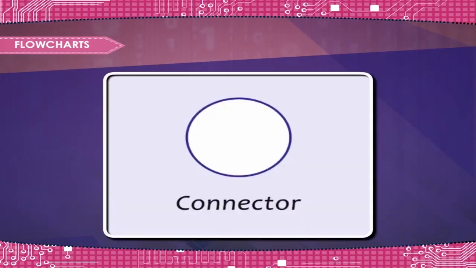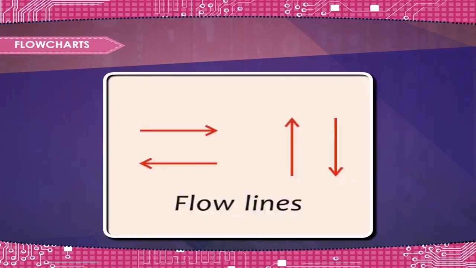Connector: it is the quality of a good flowchart that the flow lines do not move from bottom to top of the page. Thus, we use the connector at such points to show the flow of data and information. Flow lines are used to show the direction of the flow of logic within the flowchart.